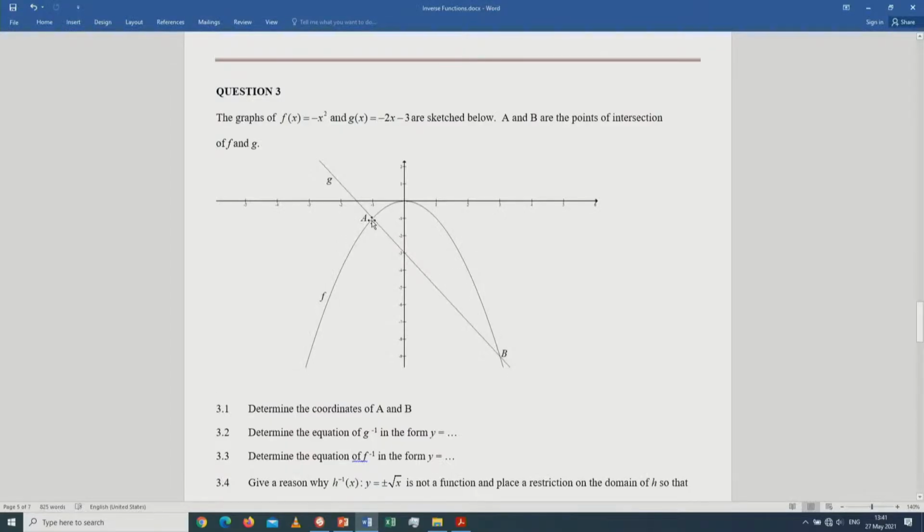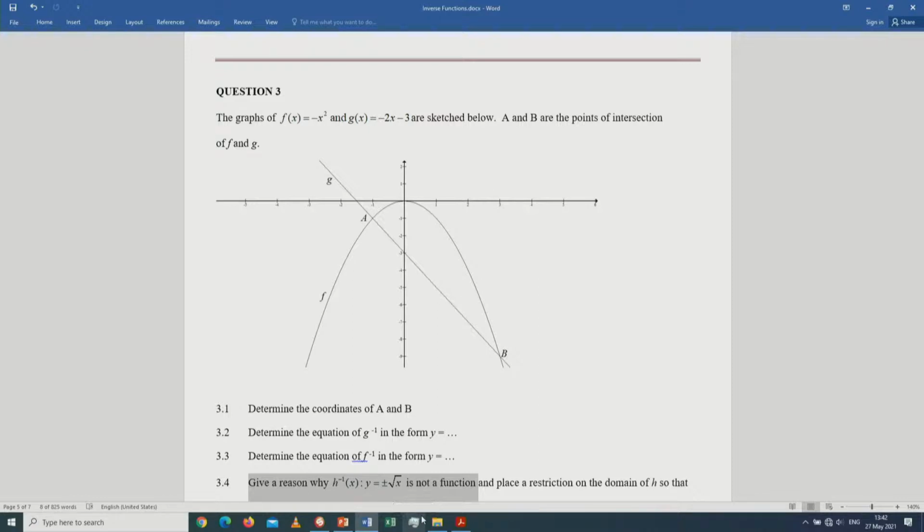3.4. Give a reason why the inverse of x, which is y equals plus or minus square root of x, is not a function. Why is this not a function?